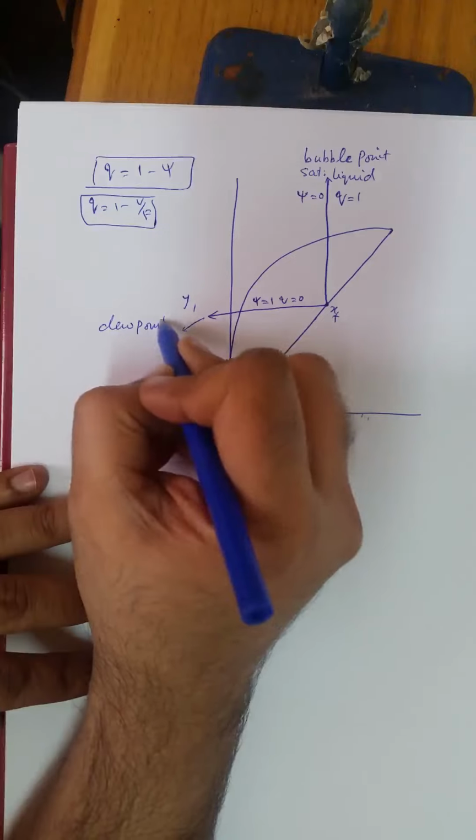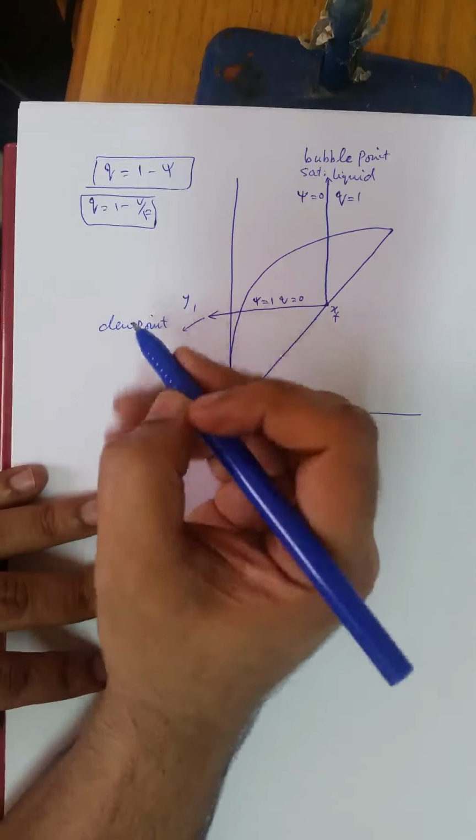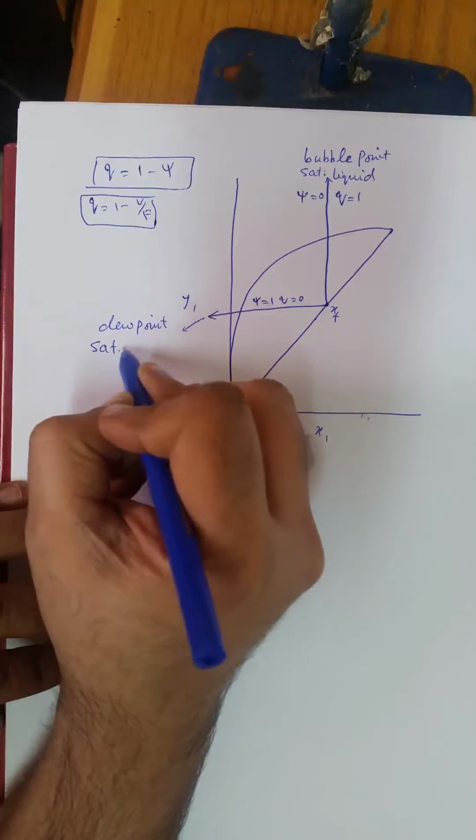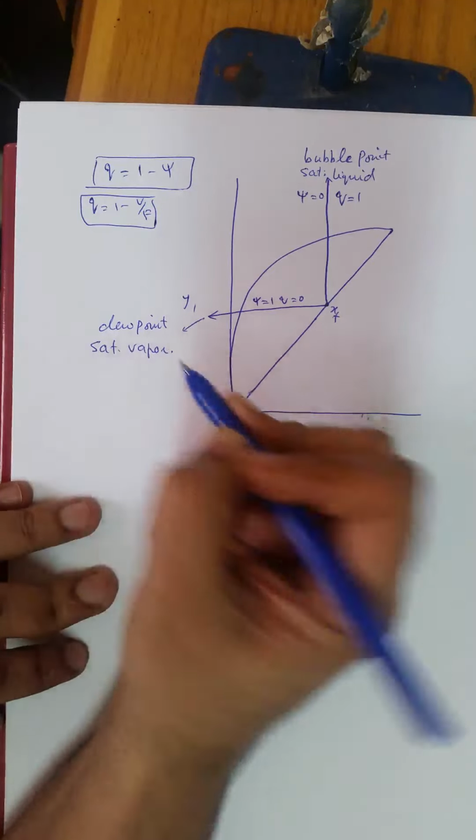It means the feed that you enter in the distillation column is at its dew point, or saturated vapor.